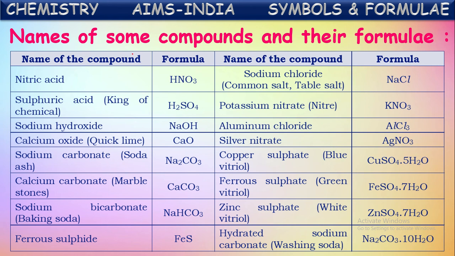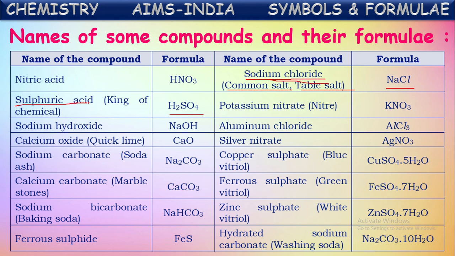Just now we have seen sodium chloride. NaCl is its chemical formula. Sodium chloride is its systematic name, but it is more familiar by its common names: common salt and table salt. And one more, if you observe here, sulfuric acid, H2SO4.